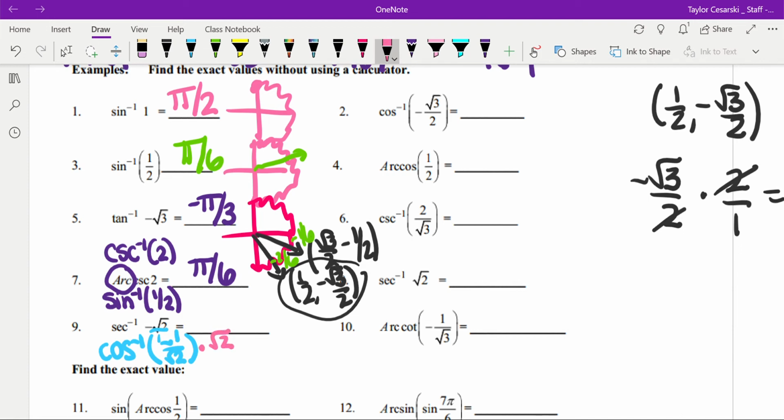So times square root of 2 over square root of 2, and I get negative square root of 2 over 2. So I'm looking within my restrictions for cosine, which are 0 to pi. Where does cosine equal negative square root of 2 over 2? So it's got to be to the left, and that's going to be at 3 pi over 4.